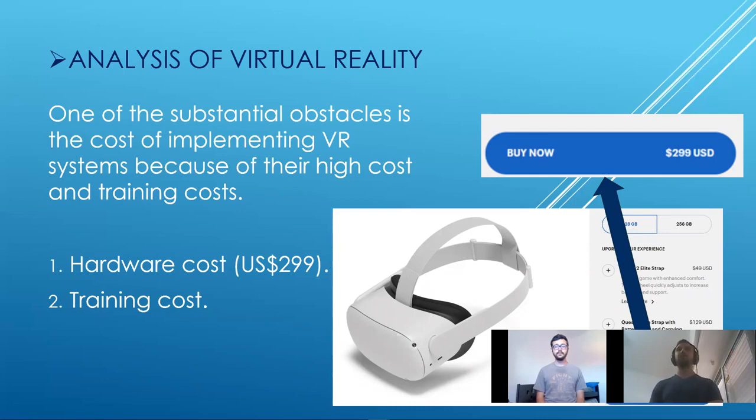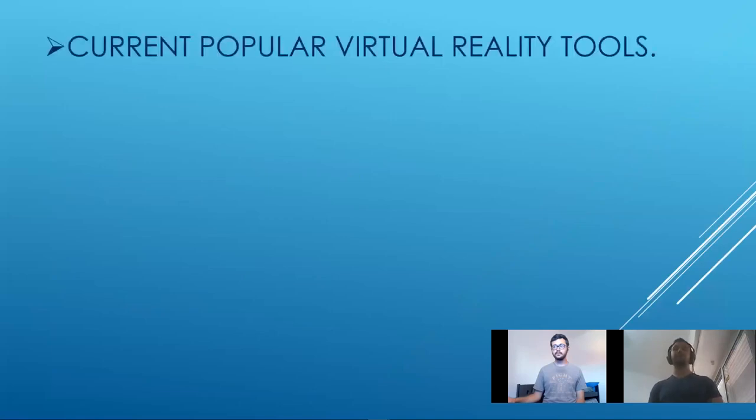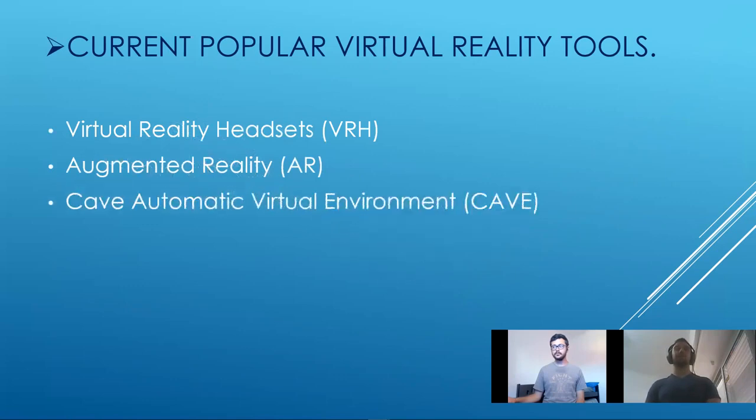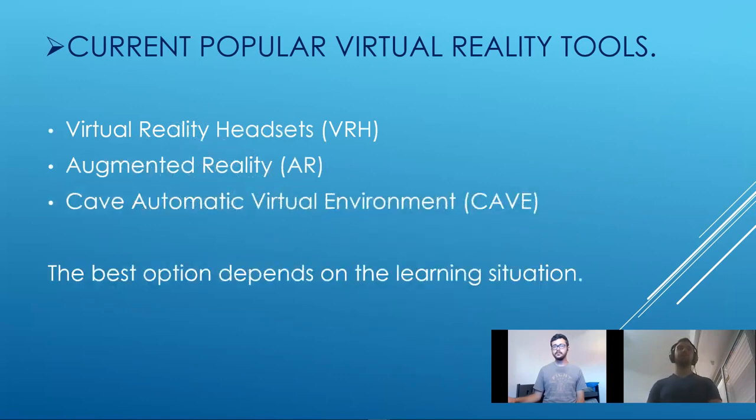Among the most common or most popular virtual reality devices, we can find first the VRH, which stands for virtual reality headsets. Virtual reality headsets are very well known because of the video game industry.